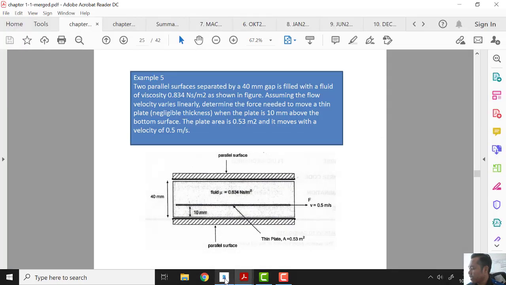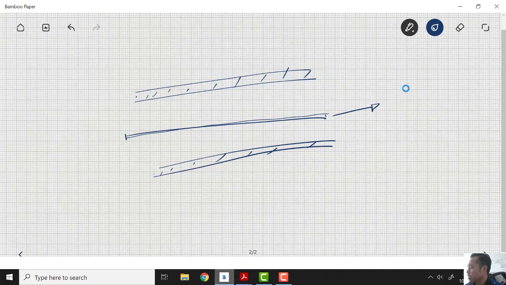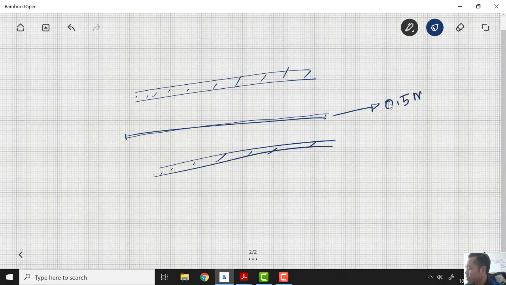The plate is moving at 0.5 meter per second. The gap between the surfaces is 40 mm. The plate is 10 mm above the bottom surface.